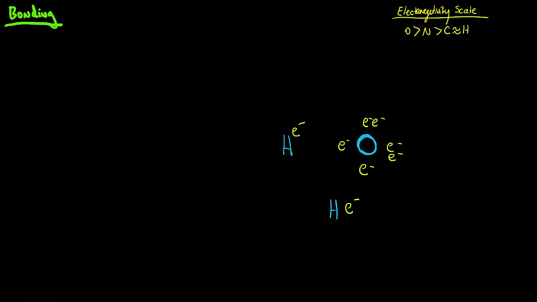Now, we ask the question here, is it going to be an ionic bond, a polar covalent bond, a non-polar covalent bond, and how can we tell? So previously we talked about ionic bonds and how they utilize a strong valence and a weak valence to form ions. Here we don't really have a strong or a weak valence.